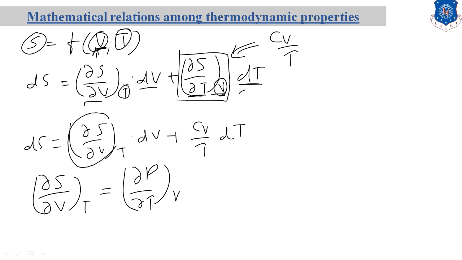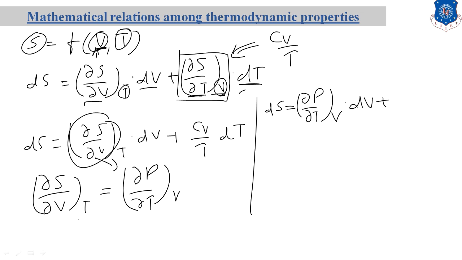So replacing this del S upon del V with this equation, we will get dS is equal to del P upon del T at constant volume into dV plus Cv upon T dT.